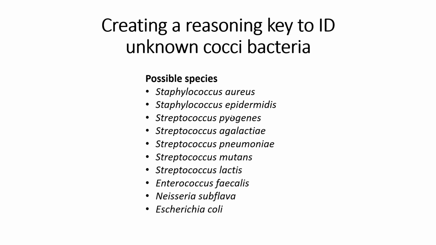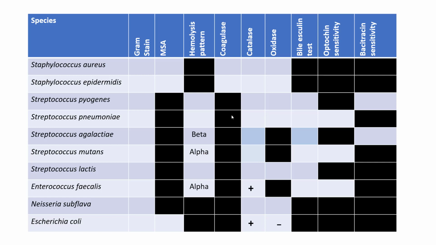How would you do that? Well, what you would need to do is you would need to basically separate out these bacteria by their experimental results. So to start, you make a table of all the species and all the experimental tests that we did in this lab, and you basically record the results. So I've gone ahead and started it for you.